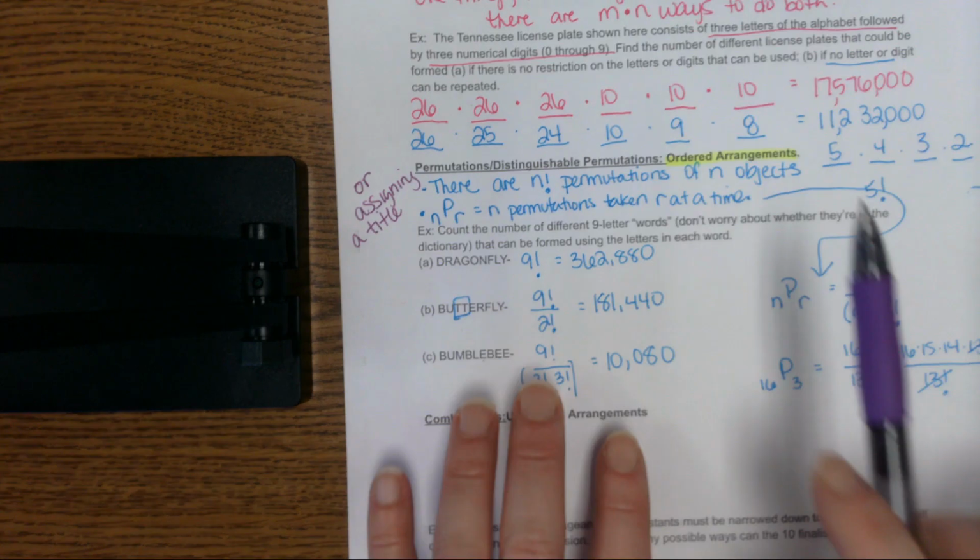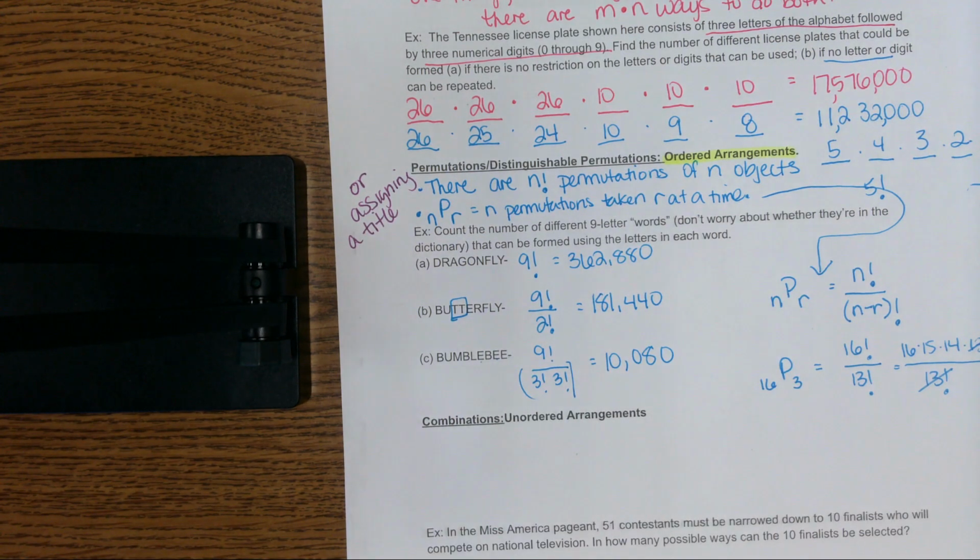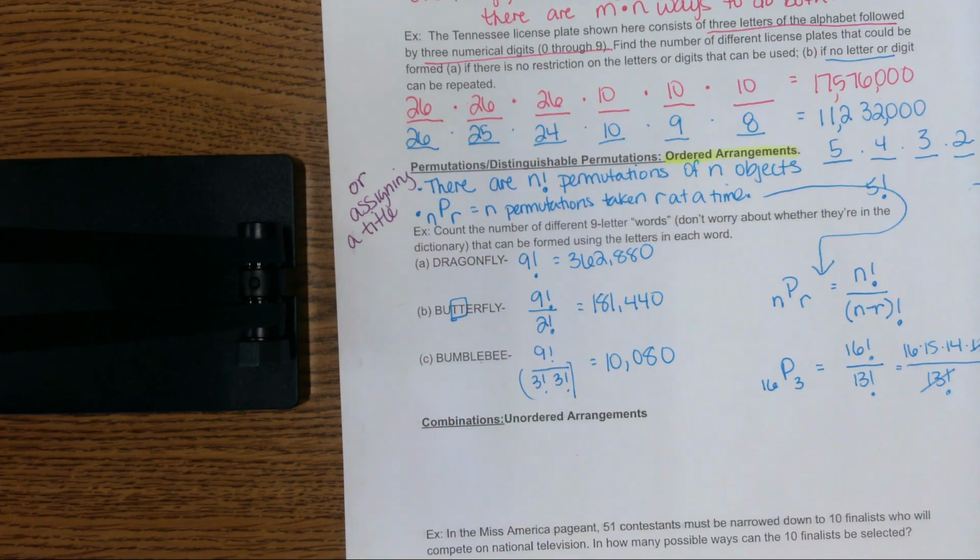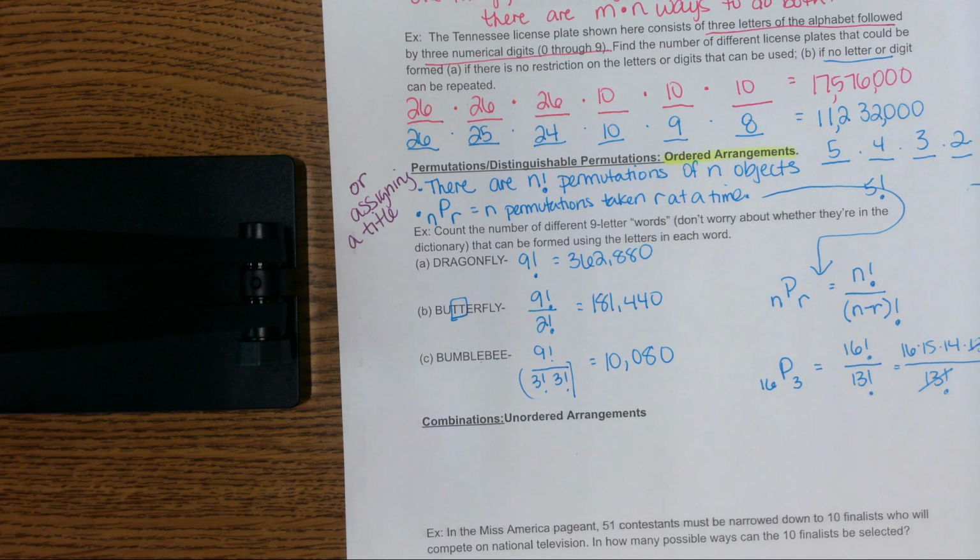For instance, if I just wanted to take from my group and send 3 people to the office, it doesn't matter, they're all just 3 going. Or if I'm awarding 3 scholarships that are exactly the same, just $3,000 scholarships, that's not assigning things a title.